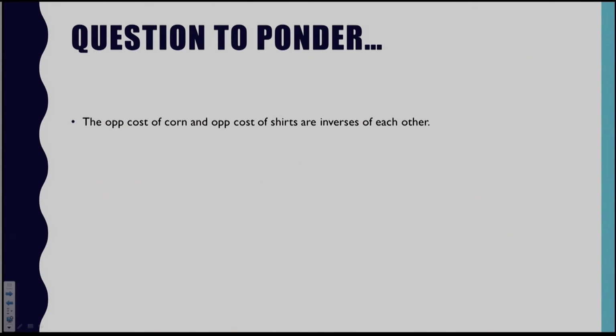So the opportunity cost of corn and the opportunity cost of shirts here, as we said, are just inverses of each other. Well, let's look mathematically. What happens when you compare two numbers and then you compare their inverses? And we'll look at a numerical illustration.